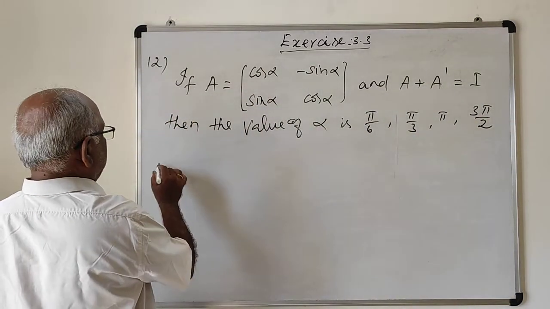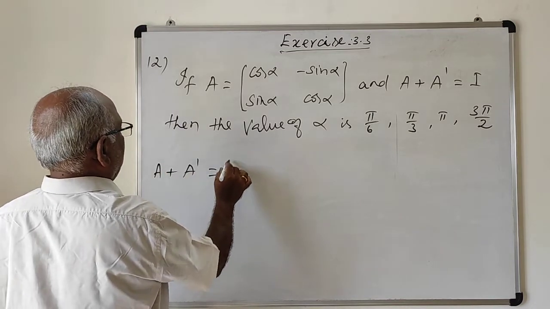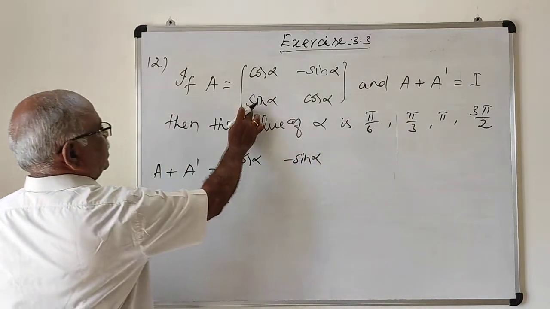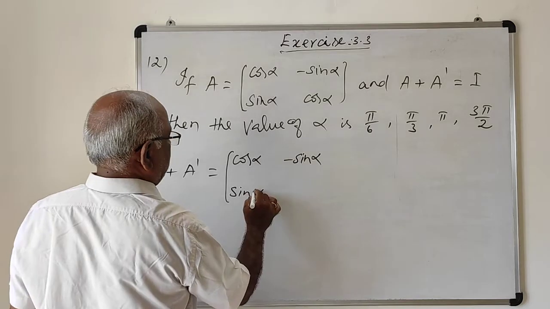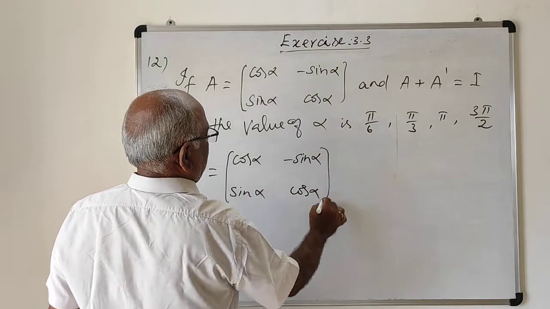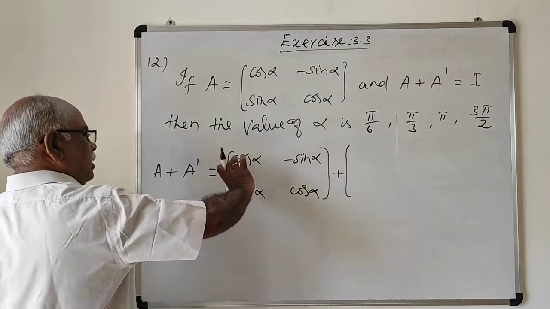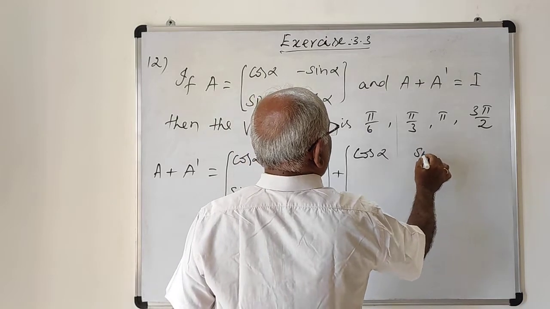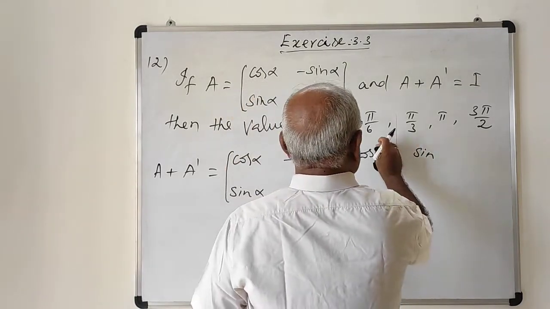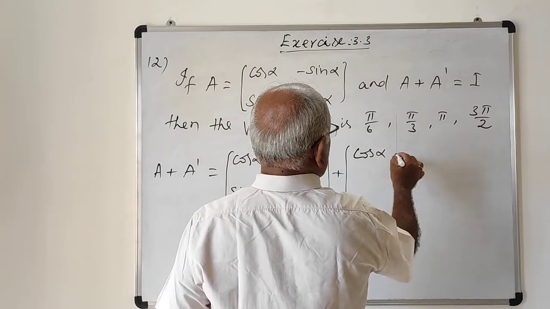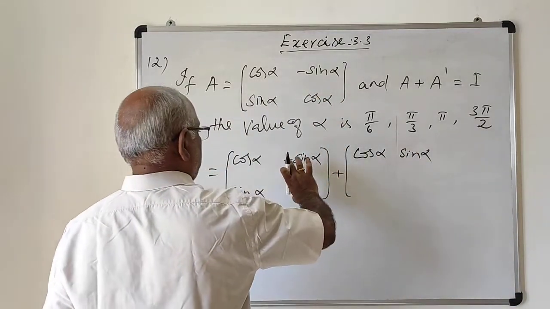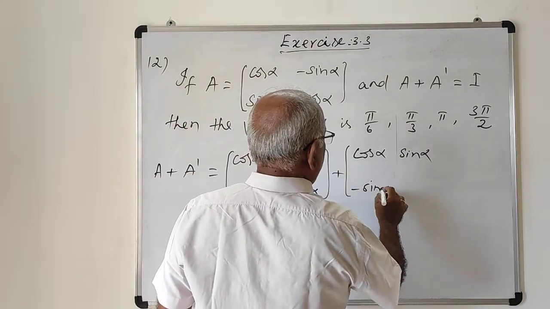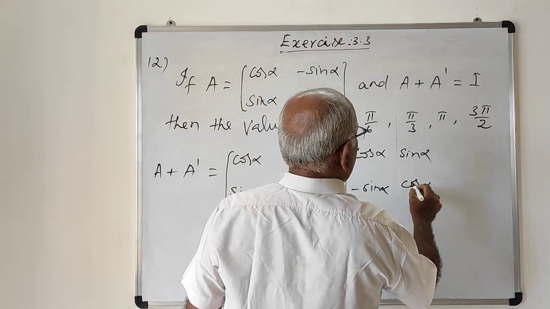What is A plus A dash? You know A is cos alpha, minus sin alpha, sin alpha, cos alpha. This is A. Plus A dash, which is interchanging the rows and columns: cos alpha, sin alpha, and minus sin alpha, cos alpha.